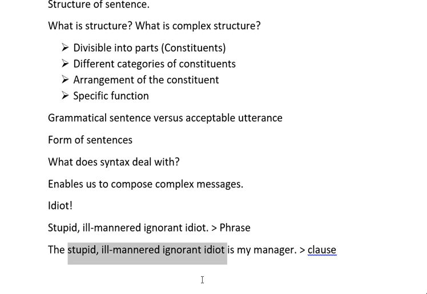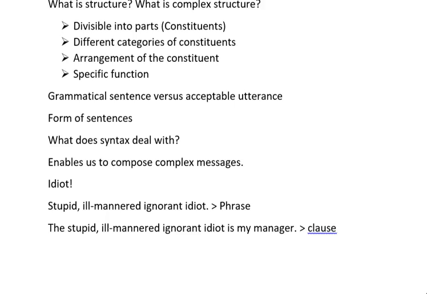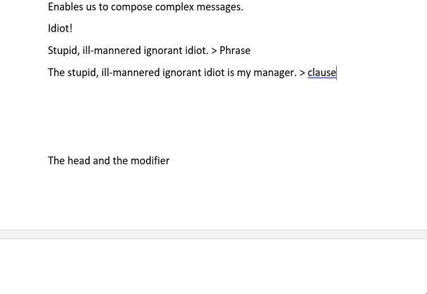Syntax has to do with words, with how words are put together to build phrases, how phrases are put together to form clauses, and how clauses are put together to make sentences.